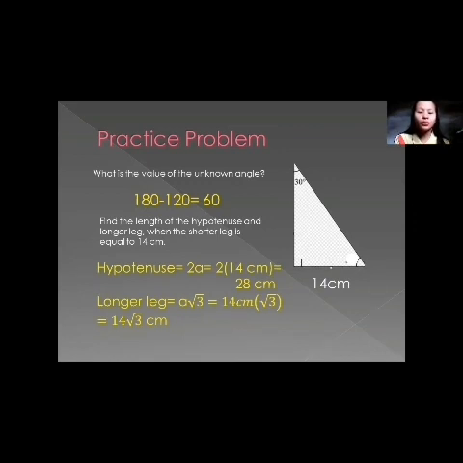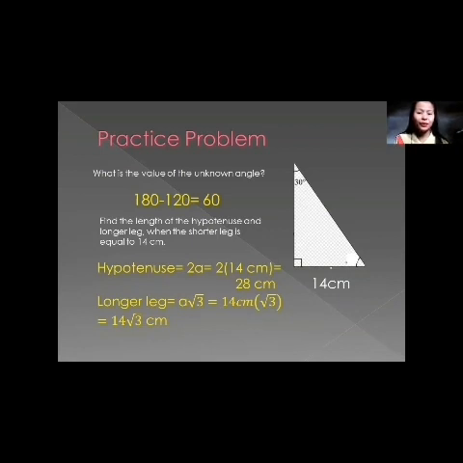Therefore, 14 times 2 is equal to 28 centimeters. And the longer leg is equal to square root of 3 times the shorter leg. Therefore, 14 centimeters times the square root of 3 is equal to 14 times the square root of 3 centimeters. Yes, 14 square root of 3 centimeters is the answer for the measure of the longer leg.